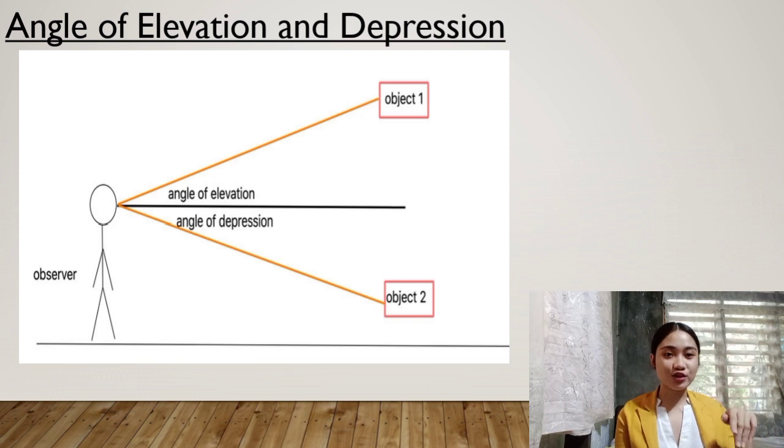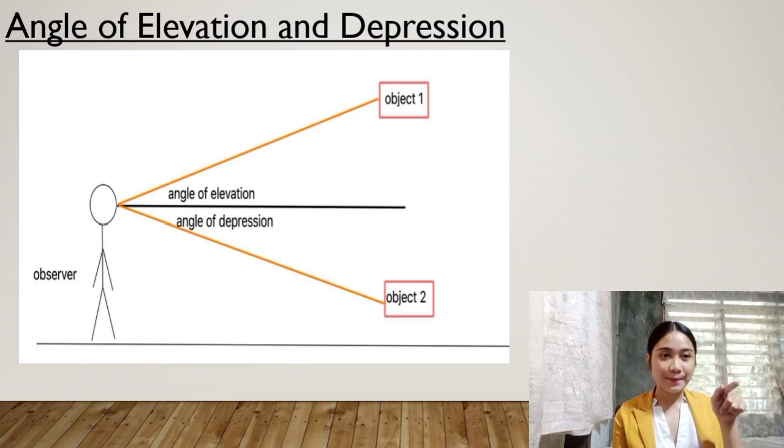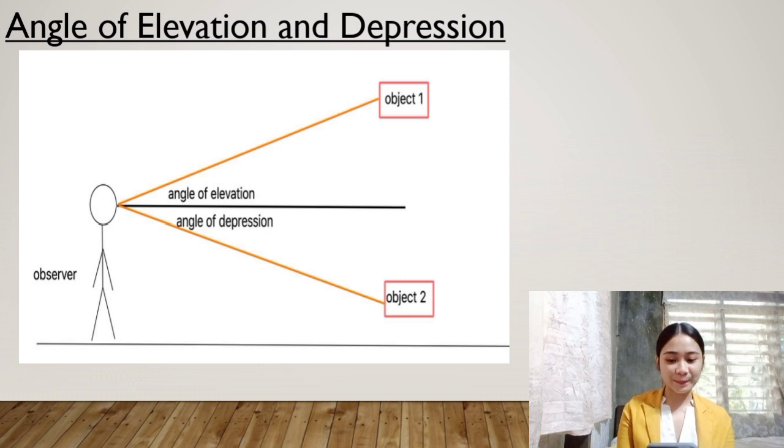Di ba nasa taas yung airplane? So that is the example of angle of elevation kasi yung sight mo is pataas. However, when you saw a dog approaching you, tumingin ka naman sa baba. So that is the example of depression.